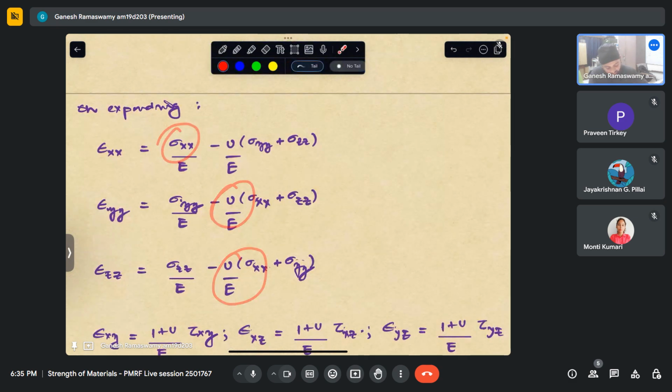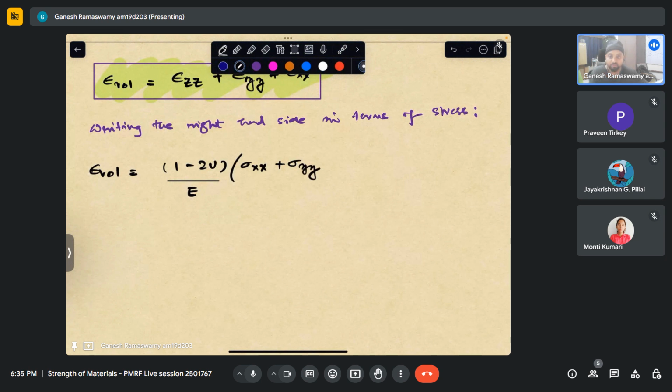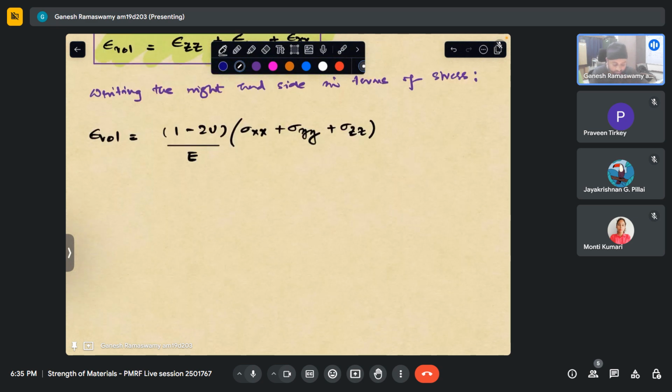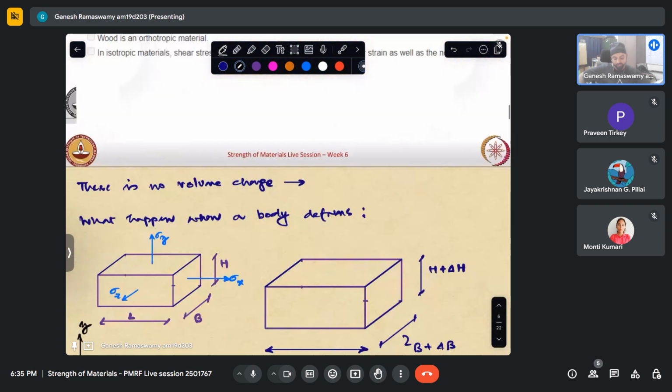Now let me add the y terms. I have y here, coefficient y, and then there is a third y here. So this will just be plus sigma yy going into the bracket. Same goes for sigma zz as well. So what have we done for a cuboid or for any body for that matter?